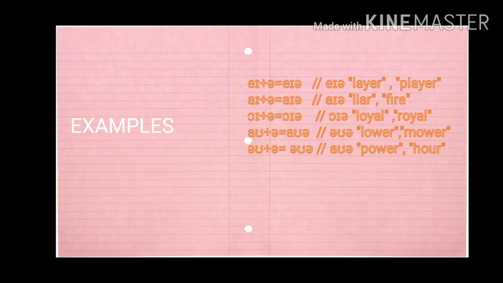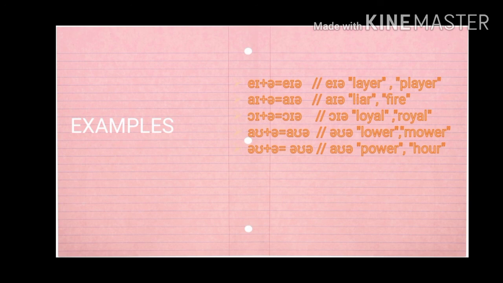However, to help identify these diphthongs, some example words are given below. A plus A equals A, like player or liar. And the second, I plus A equals I, like liar or fire. And the third, O plus A equals OU, like lawyer.